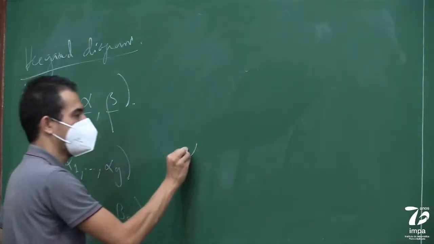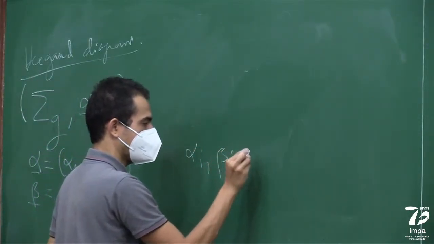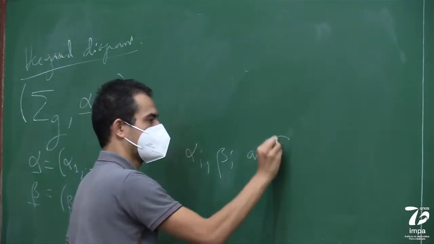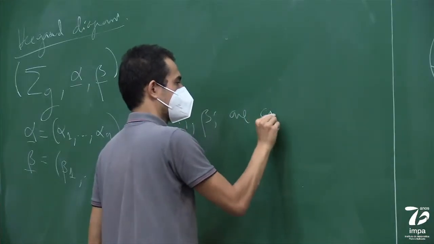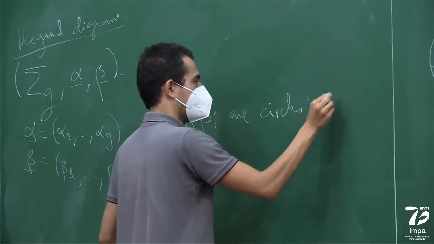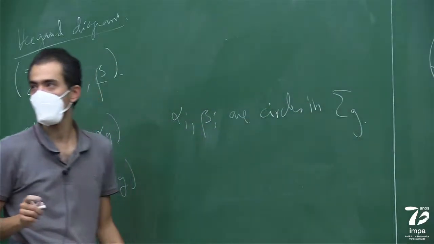So alpha i and beta i are circles in the surface.